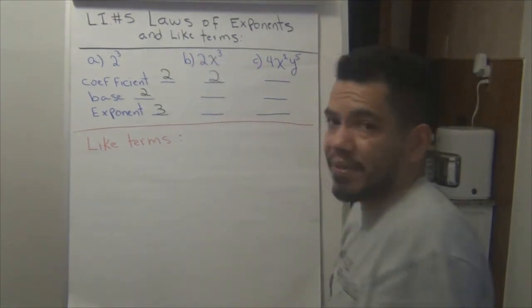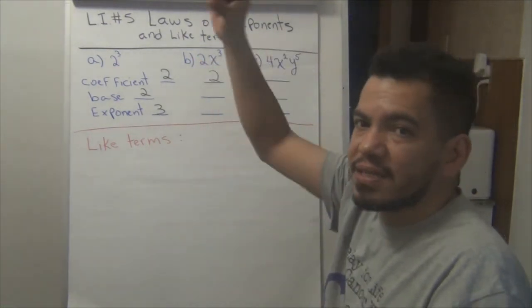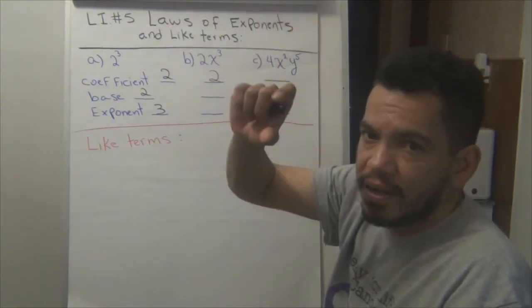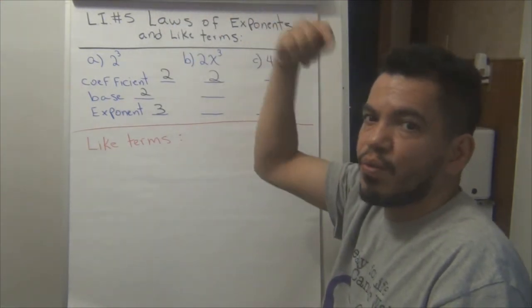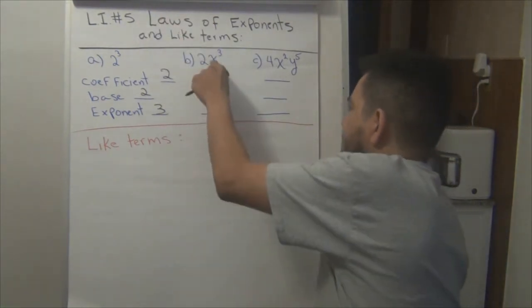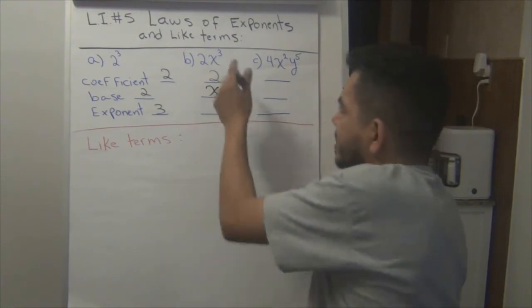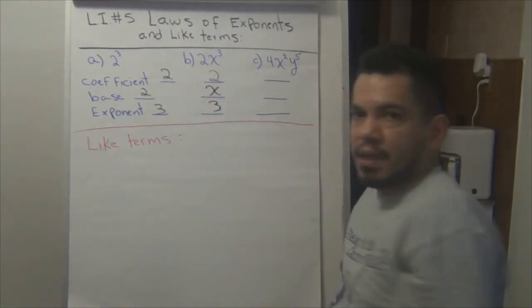Now the base, remember, the base is what is being raised to. No, sorry. The base is the number that is going to be raised to the whatever exponent. So in here, the base becomes x. And the exponent becomes 3.